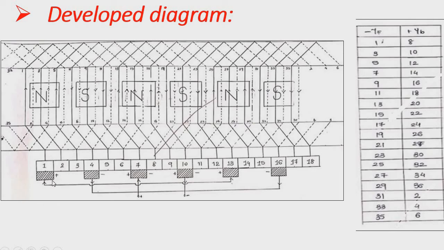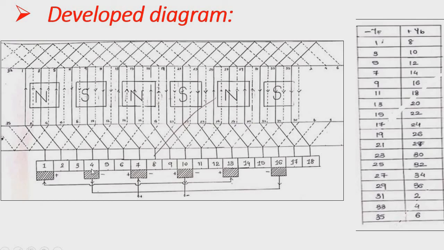So we have to place brushes. The number of brushes is equal to 6, and we have to provide them at the same distance. So the first brush is provided on commutator number 1 and given the plus sign.